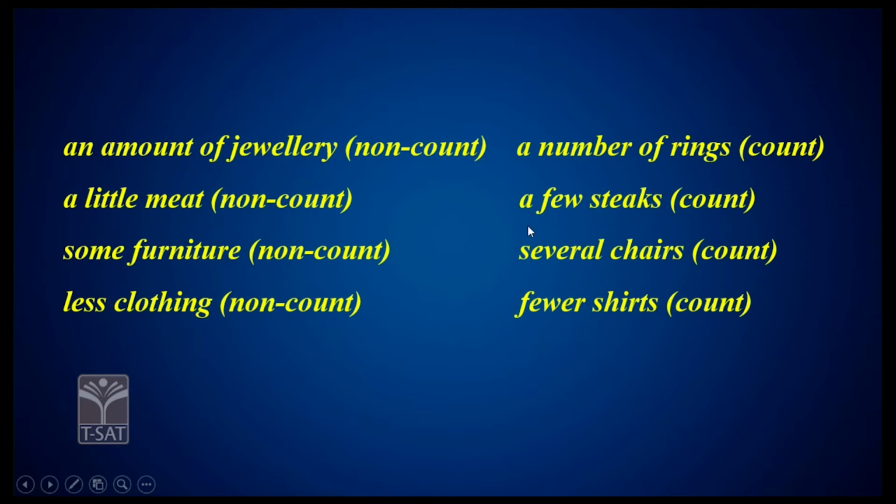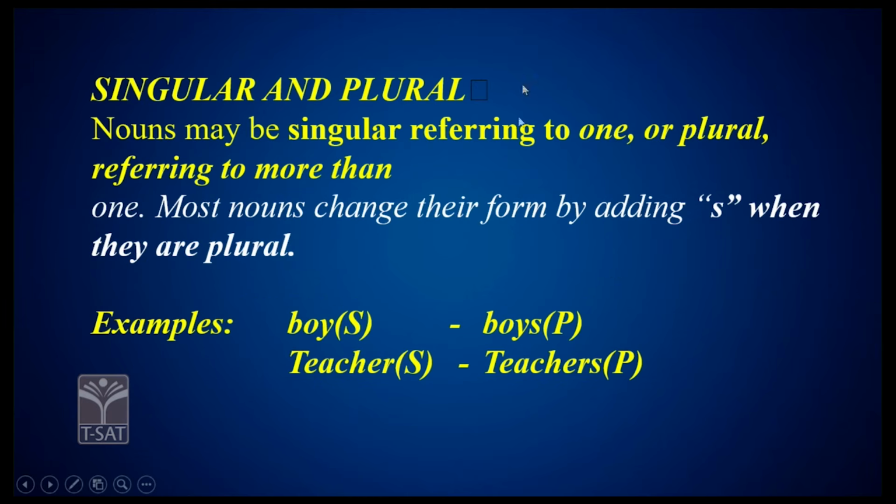A few steaks, countable. Some furniture, non-count. Several chairs, count. Less clothing, non-count. Few shirts, count. Right? So, we'll move on to the other aspect of nouns.